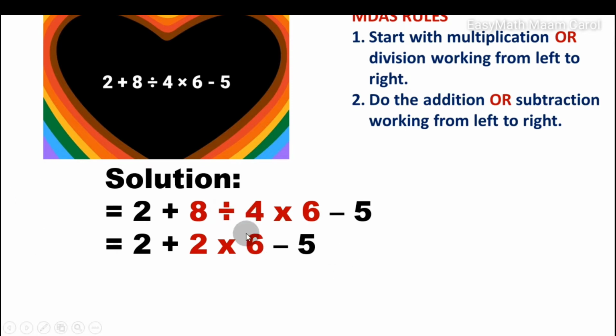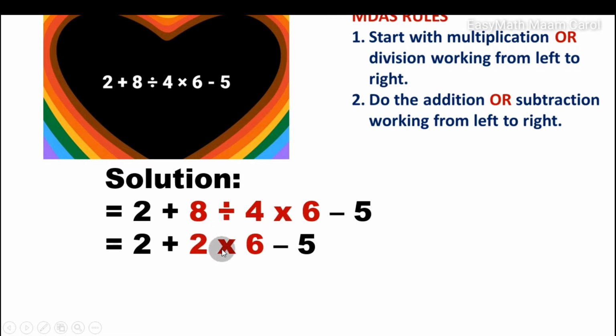So ang uunahin muna natin dito ay yung 8 divided by 4. That's why on this next line, we have equals and then we copied 2 and then plus. We have answered this. 8 divided by 4 is 2. Ito yun. So, yun yung sagot.